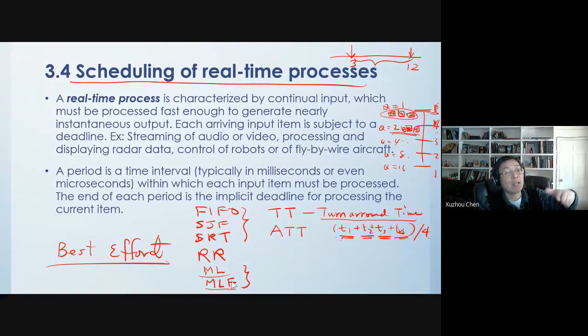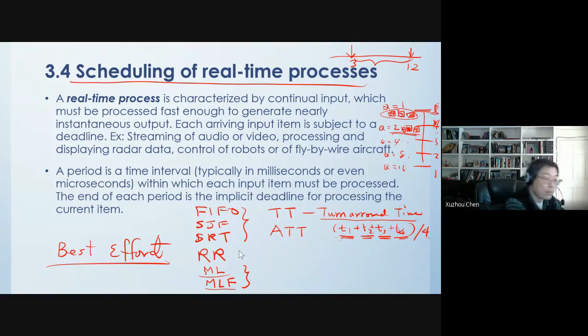If the process cannot finish in the level 5 queue, it will be put in the level 4 queue, and the priority of the process is just downgraded a level. And if it's still not finished in level 4, it will be put in level 3. So as time goes by, the priority of the process is going to be smaller and smaller. So this is the multi-level feedback queue.